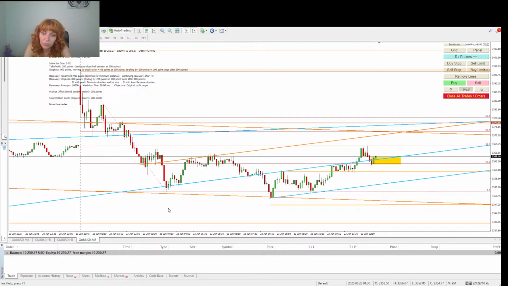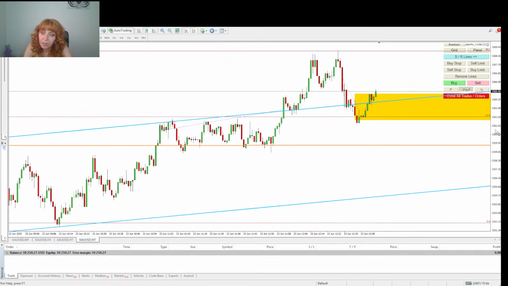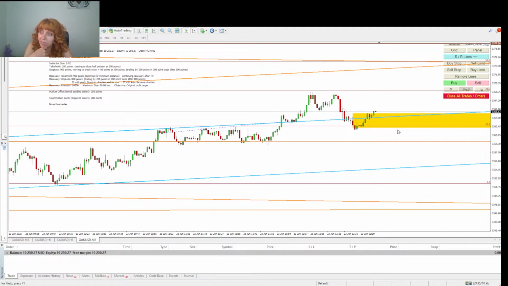Like, okay, it's turned around a little bit, but I didn't have any signals for entry points at this moment. I think it's just going to consolidate in this area until possibly the opening of the American session. But I mean, it might continue to go up.